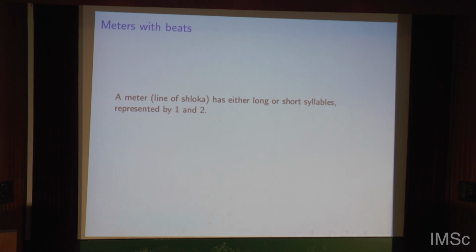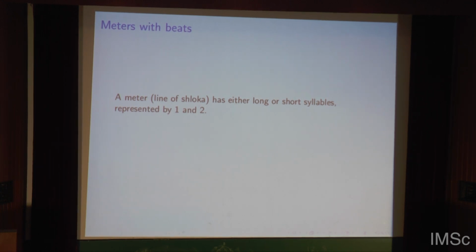I don't know, how many of you learned shlokas? Yeah, so in shlokas, you know that in Sanskrit you have short vowels and long vowels. I guess you have them in Tamil too, but the thing about Sanskrit is that these shlokas are written with a very strict meter, that the length has to be exactly a certain number of beats.